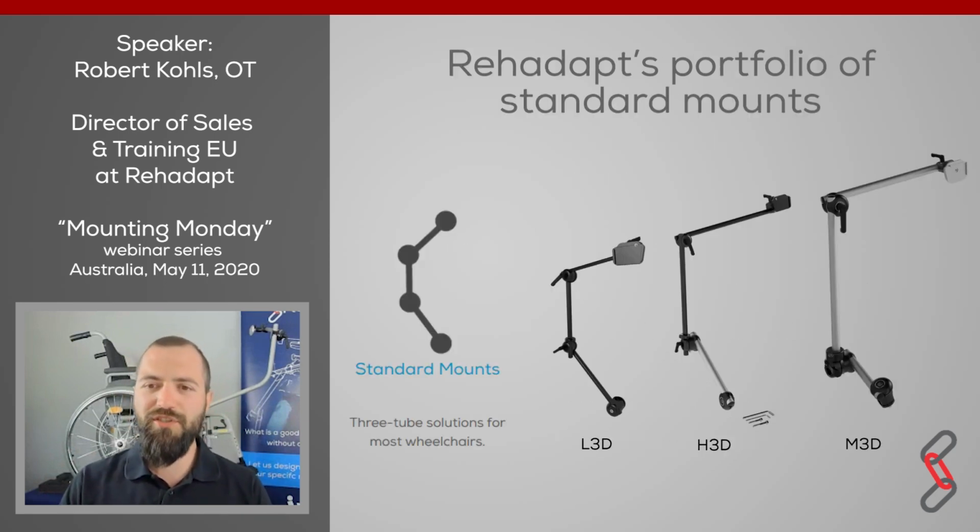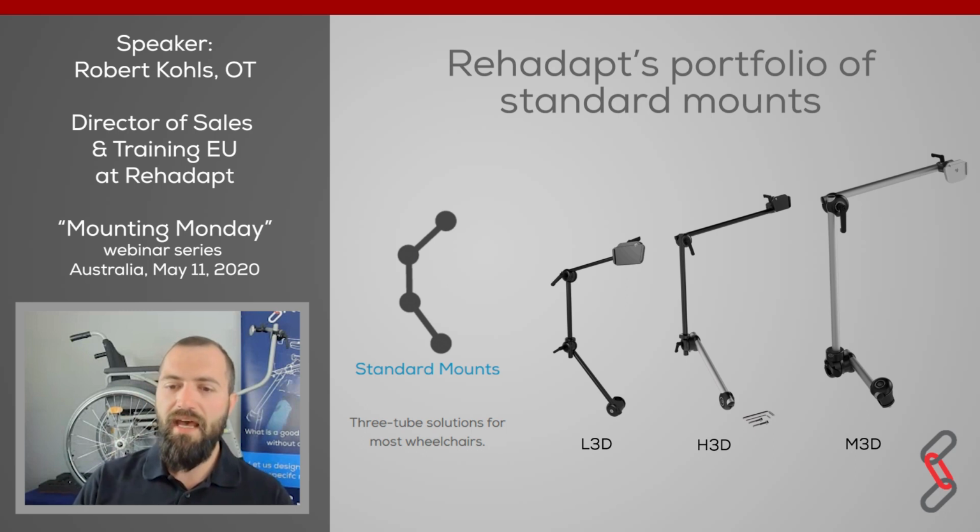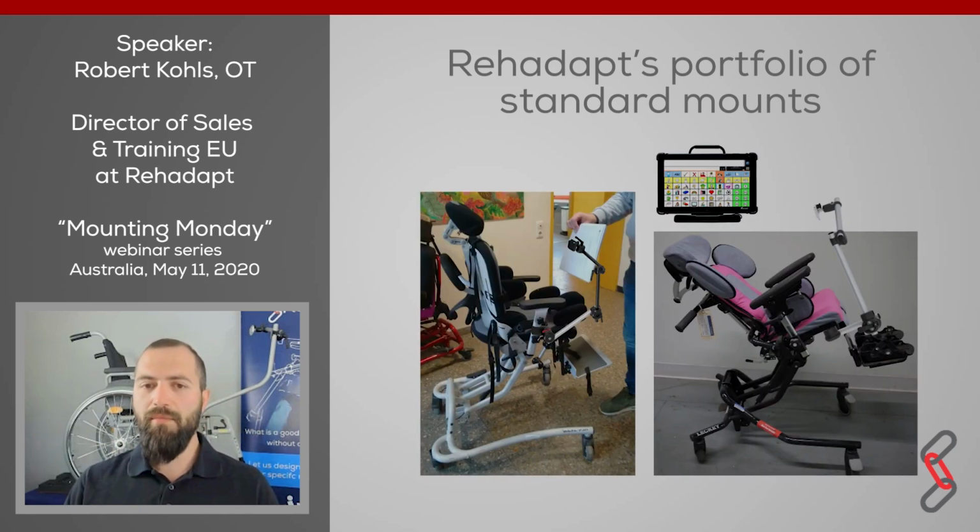When we want to choose standardized mounting solutions for an eye gaze system, we have 3 different options: an L3D for light devices, an H3D for heavier devices, and a Monty 3D or M3D for devices up to 3 kilograms.